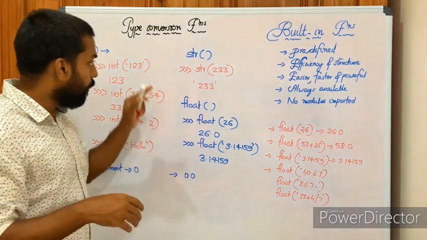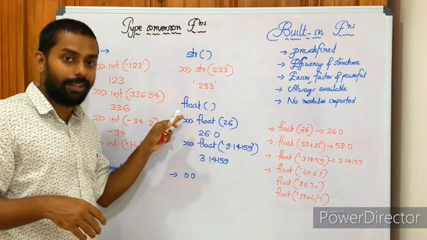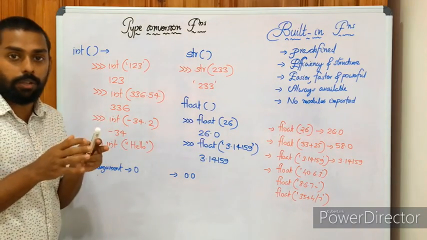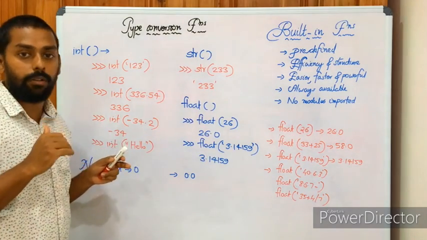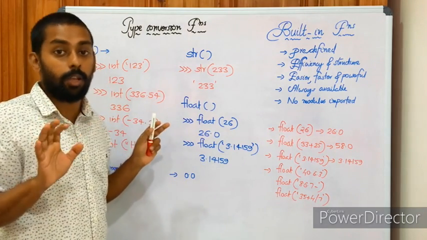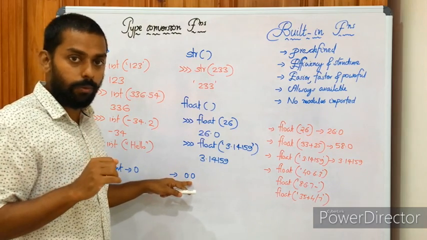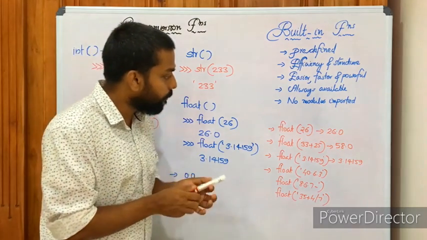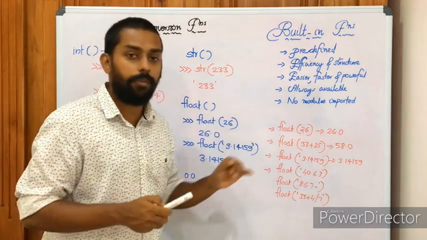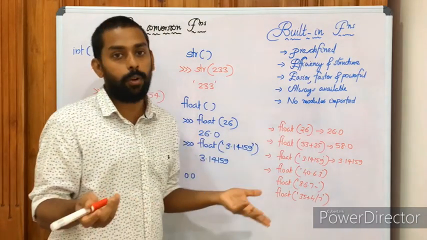Okay, and if you're not passing anything to the float function, what will be the result? It returns 0.0. As we have seen in the case of the int function, when no argument is passed to int, it returns 0. When no argument is passed to float, it returns 0.0 because it has a decimal part also. Then we have some variations. Float of 26, if you are passing a numeric value, an integer value, gives 26.0, of course.